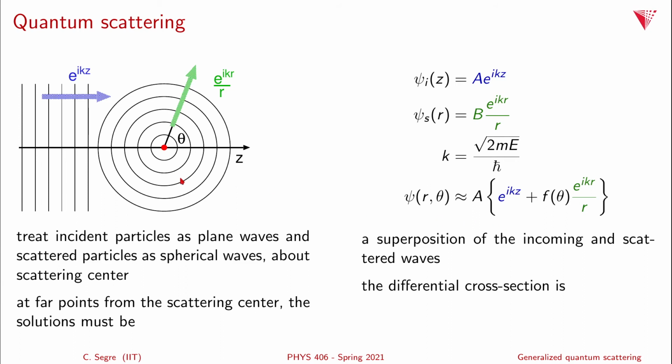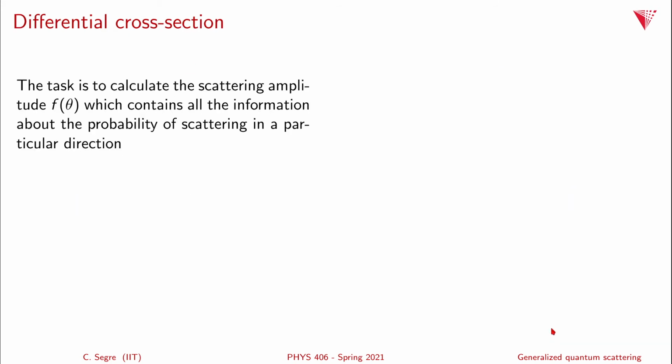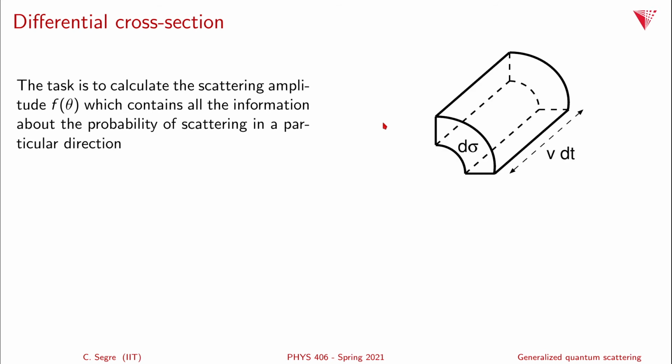The differential cross-section, therefore, can be written as D of theta, which is d sigma d omega, and it turns out that that's what we have to calculate. So the task then is to calculate the scattering amplitude f of theta, which contains all the information about the probability of scattering in a particular direction and related to the differential cross-section.